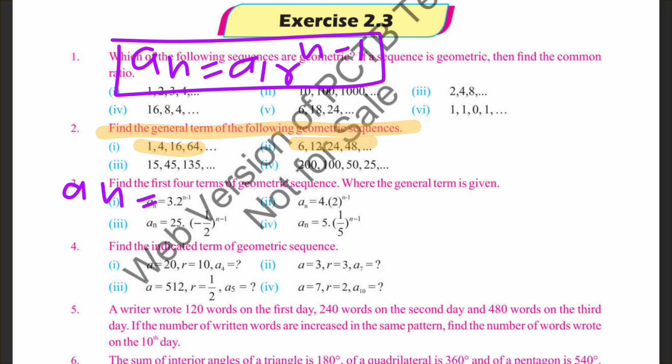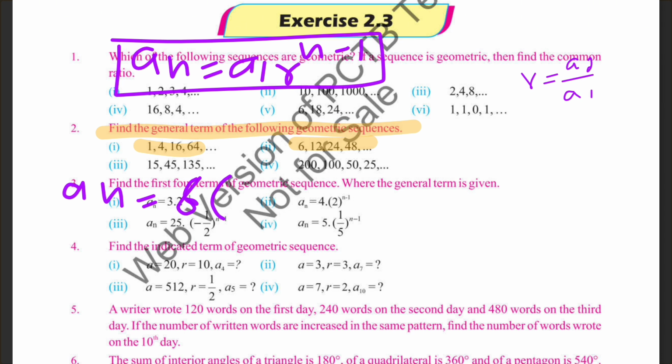a1 is equal to 6, and r is equal to a2 over a1.